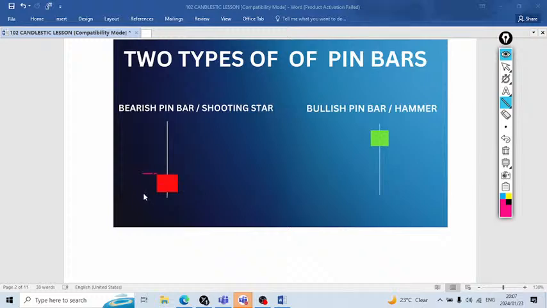We have our opening price and we have our closing price here. Why will the price tend to move in the opposite direction? Assuming that the price was in an uptrend and reached a level of resistance, assuming this is the level of resistance, why would price tend to move in the opposite direction? That's what I want to explain.